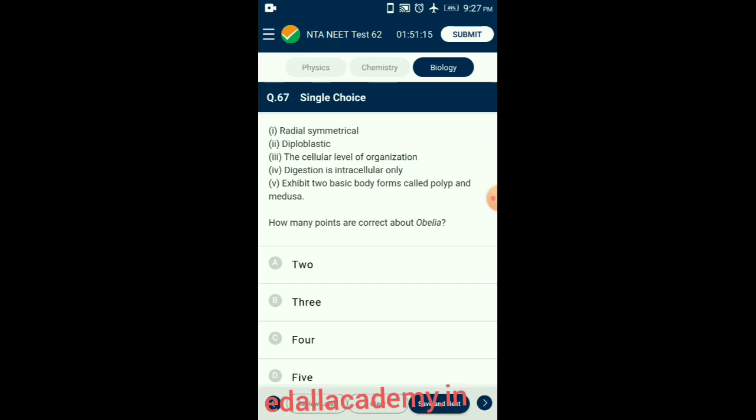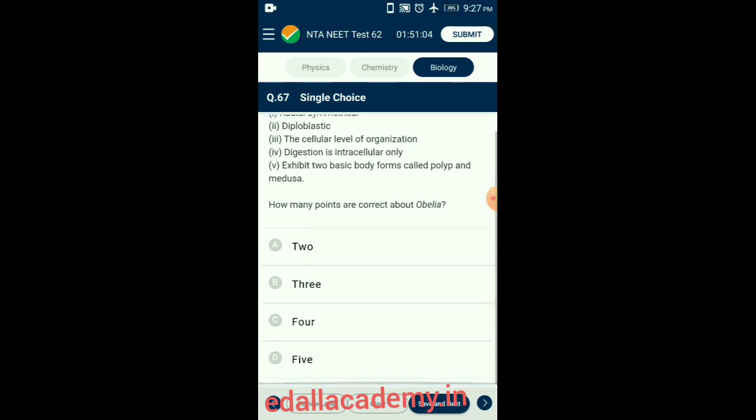Polyps produce medusa asexually and medusa form polyps sexually. Digestion is both extracellular and intracellular. So the answer for this question is option B. From the given 5 statements, there are 3 statements correct about Obelia.